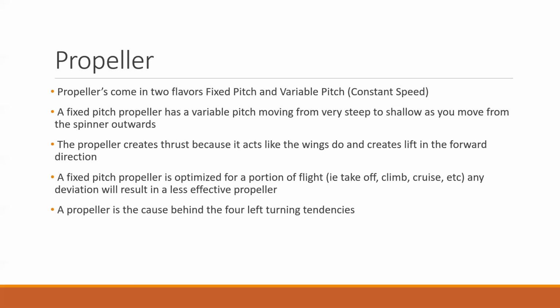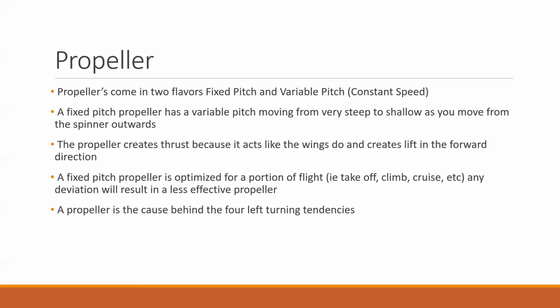The propeller is basically a wing. It's rotating in front of the aircraft, and so it produces a lift vector forwards, and it pulls you through the air. If you cross-sectioned a propeller, it would look just like a wing, and it acts just like that.